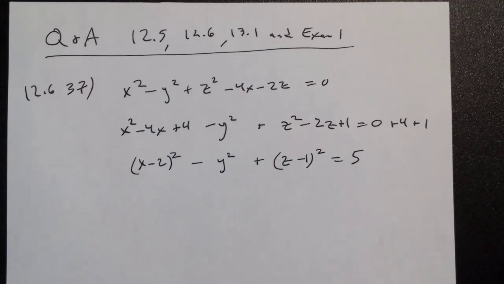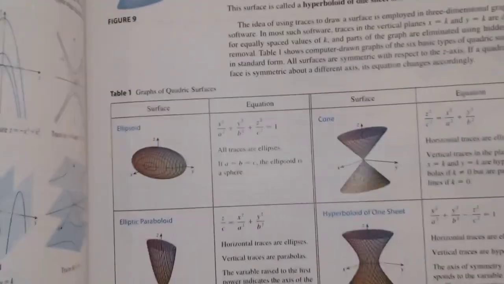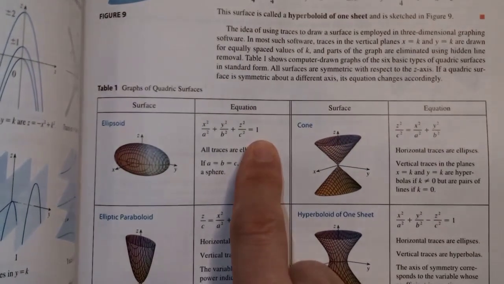And now I go look at my standard equations. They fall into 2 main categories: the ones that have a constant alone in them and the ones that don't. Some have a number, equals 1.